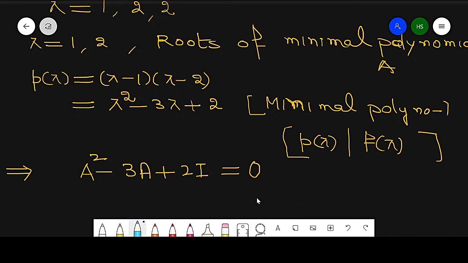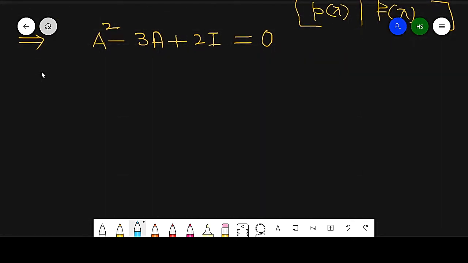Just as the matrix A satisfies the characteristic equation, in the same way every square matrix satisfies its minimal polynomial. So remember this result, so that we will use it here. Every root of the minimal polynomial is also a root of the characteristic equation.